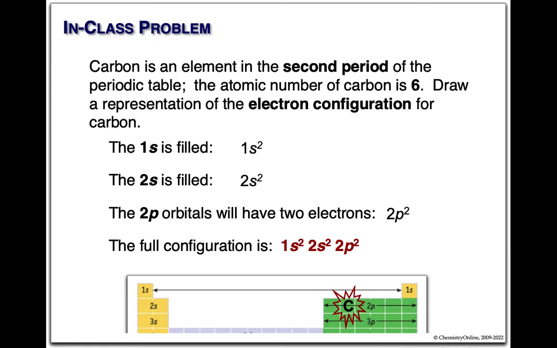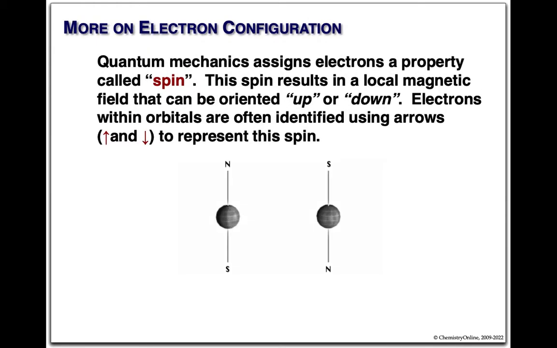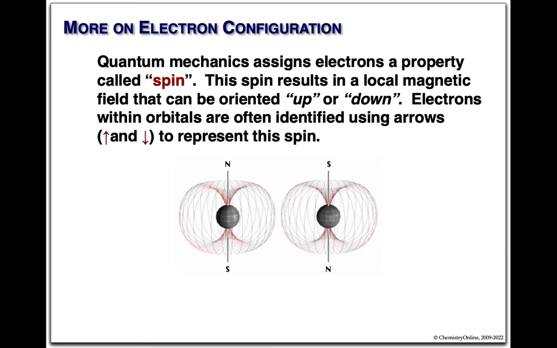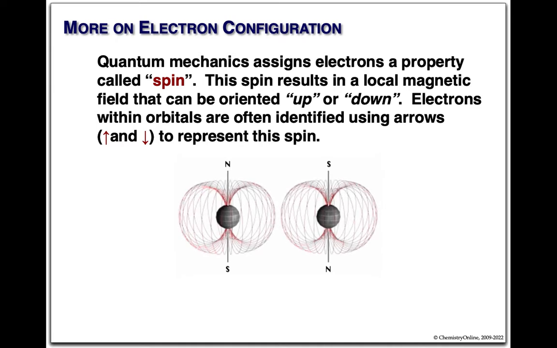Now, electrons are not little balls, and they really don't spin. But quantum mechanics says there's a property that relates to that. Since the electron is charged and it's spinning, it generates a magnetic field. The magnetic field can either be oriented this way or this way. We show that with little arrows up and down.